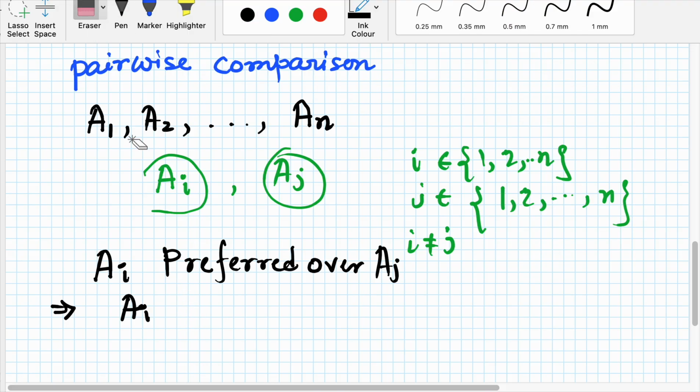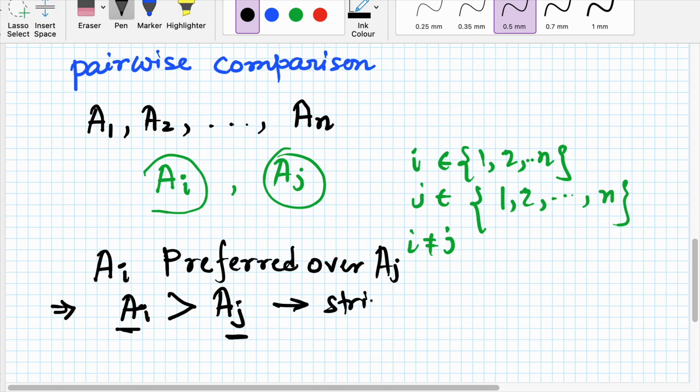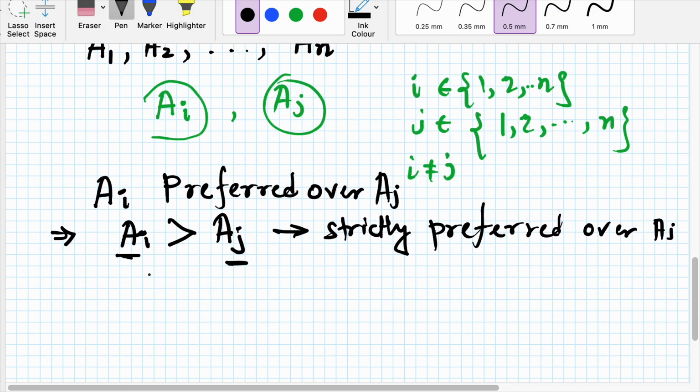So ai is strictly preferred over aj, or similarly it can also happen that aj, the jth option, is strictly preferred over ai.